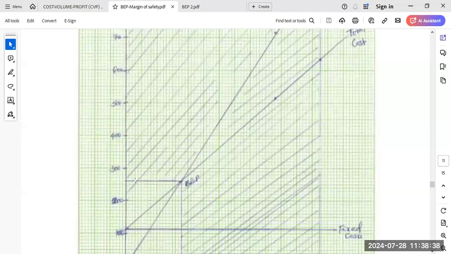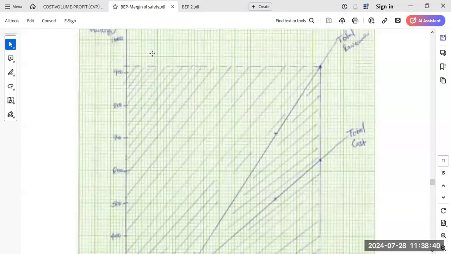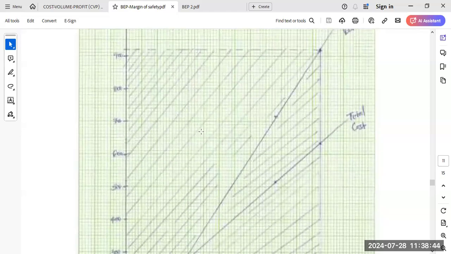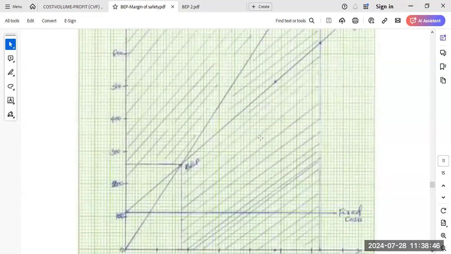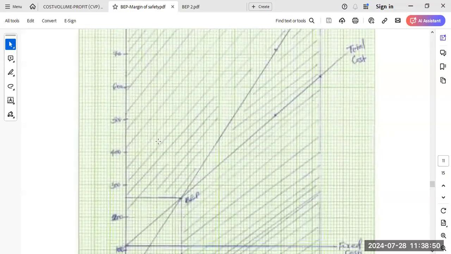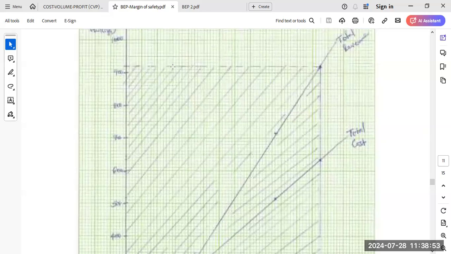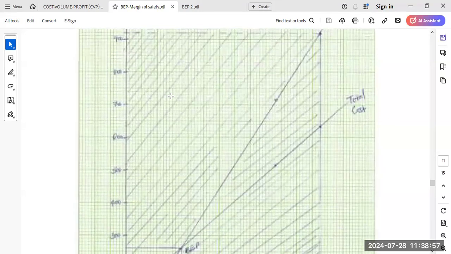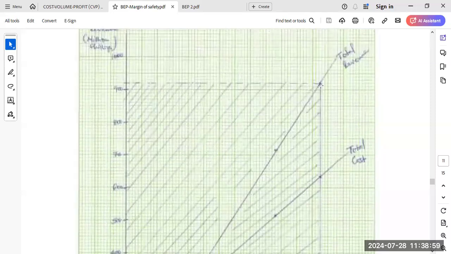Also from here up to where you have the budgeted revenue. That is the margin of safety. Where you see this shaded region is margin of safety. From here up to here, also from here up to here. This dotted line is coming because of your total budgeted revenue. Your shading should not exceed that.